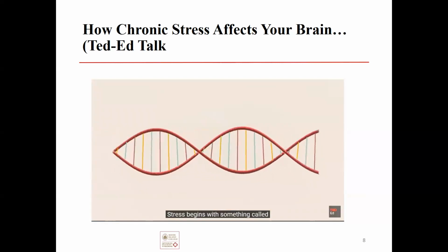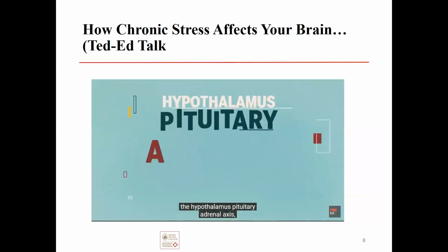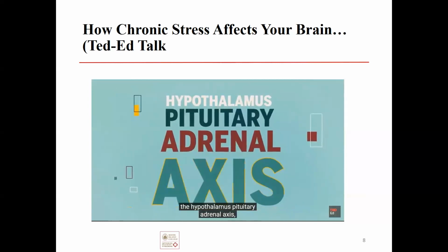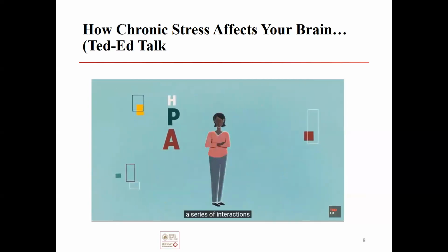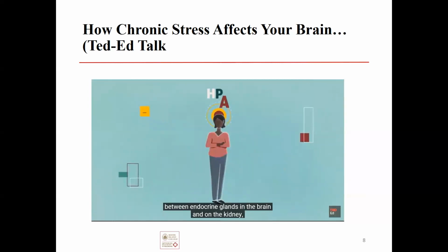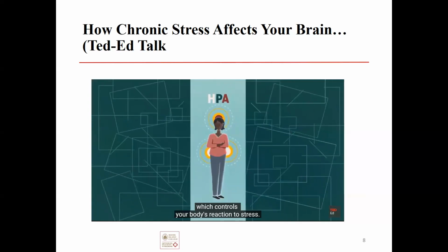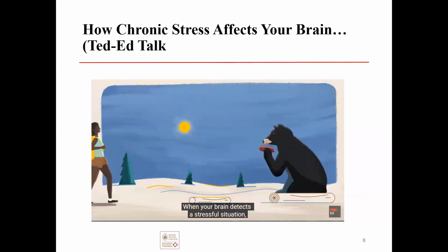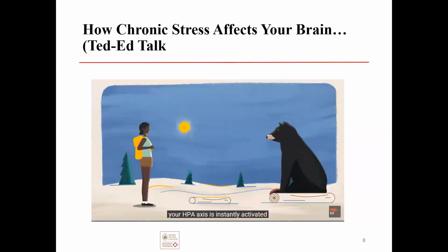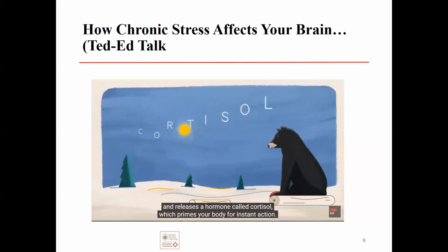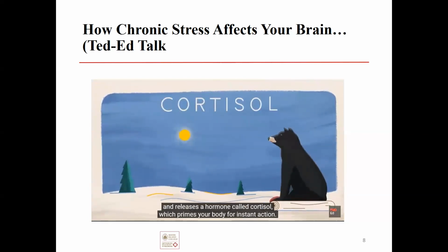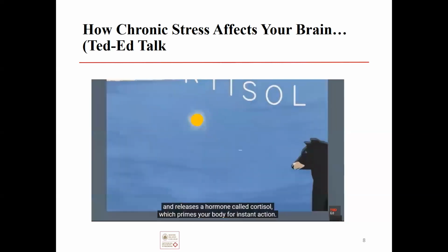Stress begins with something called the hypothalamus-pituitary-adrenal axis, a series of interactions between endocrine glands in the brain and on the kidney, which controls your body's reaction to stress. When your brain detects a stressful situation, your HPA axis is instantly activated and releases a hormone called cortisol, which primes your body for instant action.